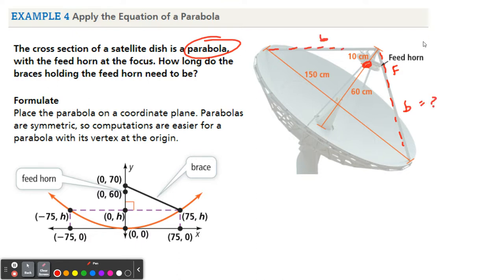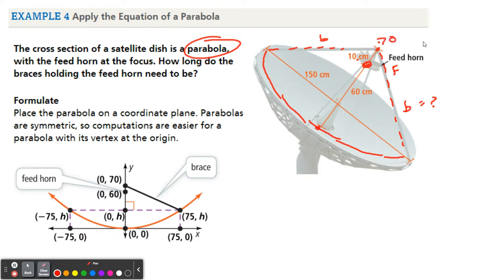Now in this picture, this is a cross section of a parabola. We're doing 2D of a 3D. So this distance is 60. That's the distance from the vertex to the horn. But then you have the mount up here 10 more away.